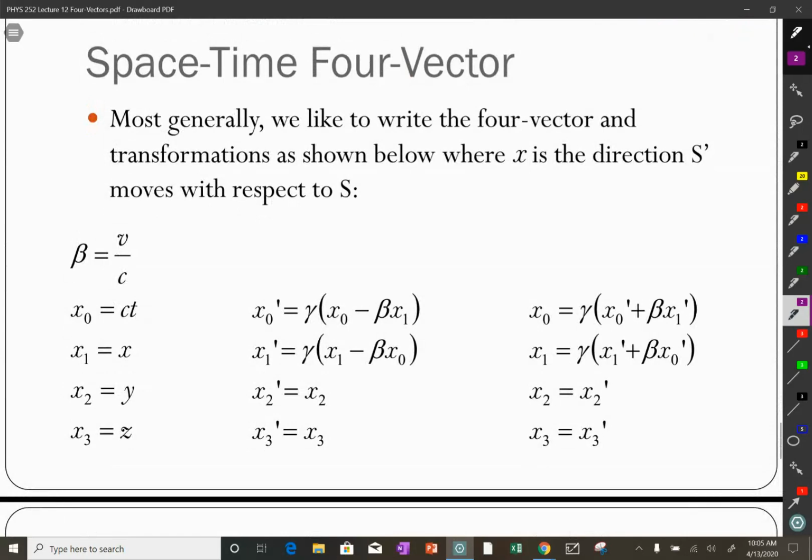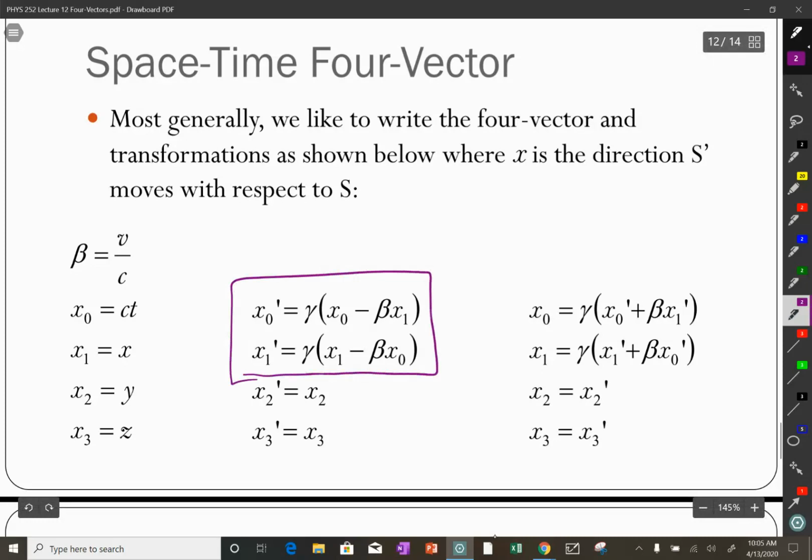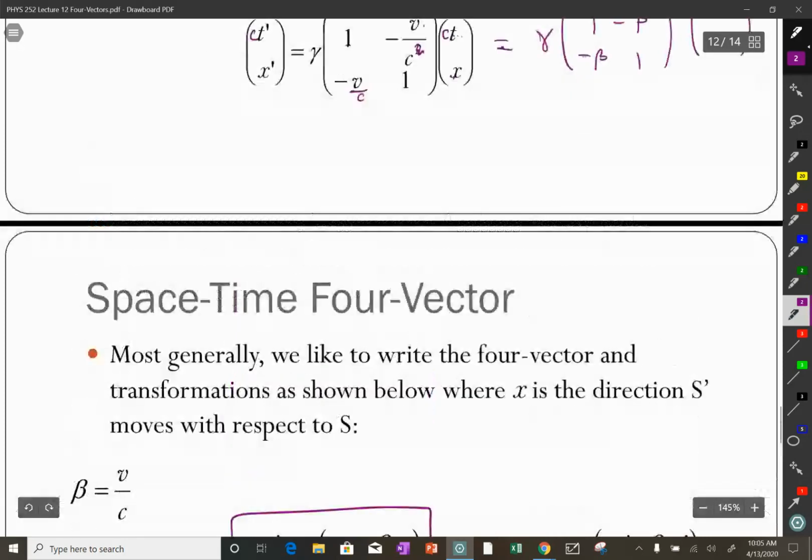So if we do it in all 4 dimensions, 3 spatial dimensions and the time dimension, what we've just found is these 2 relations. And notice this is changed to x0 is equal to ct. So this is changed to what we had right here.